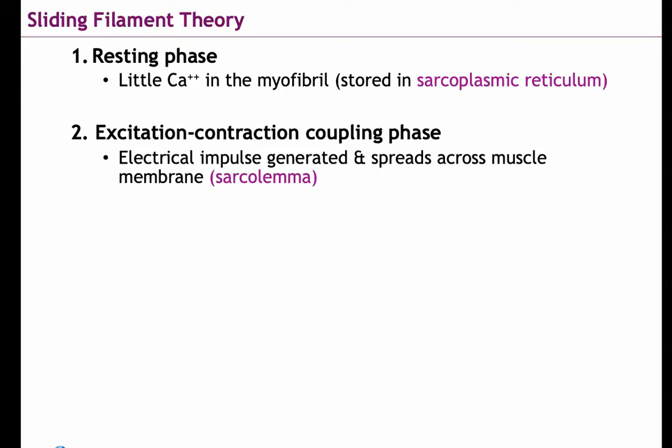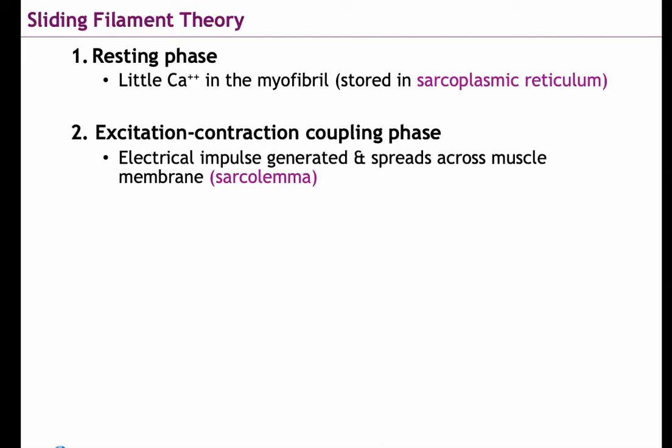We will learn all about that in Chapter 5, but I'm just giving you a brief intro. We need a nice chemical environment, and the sarcolemma gives us that. It allows for this exchange of sodium and potassium because that's what happens when an electrical impulse is passed.